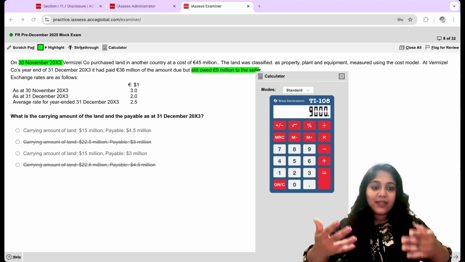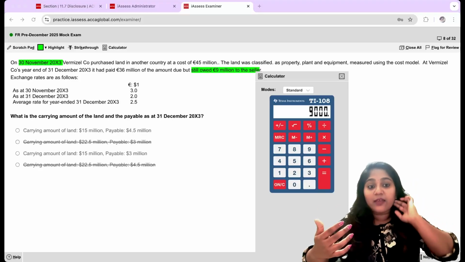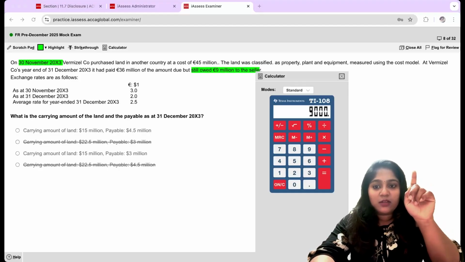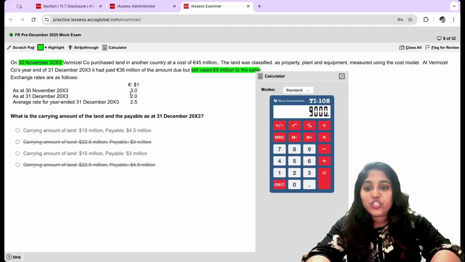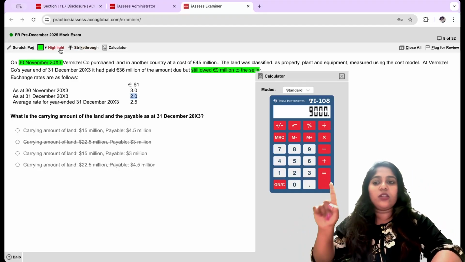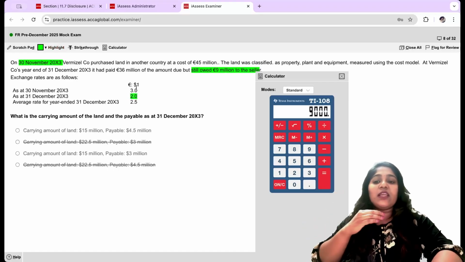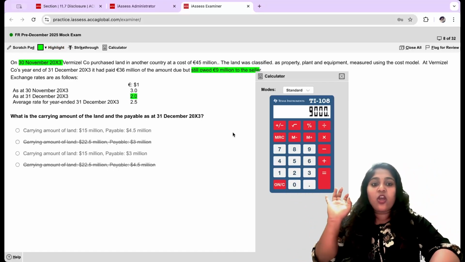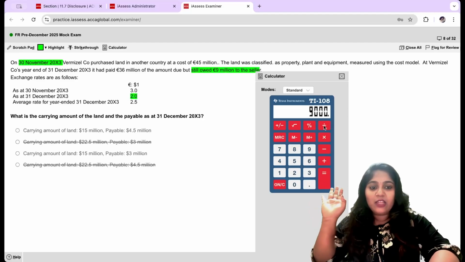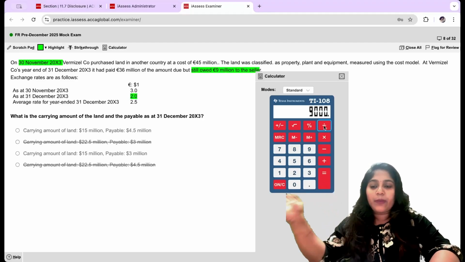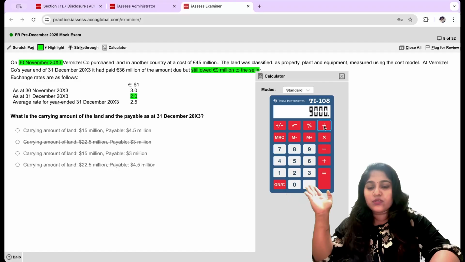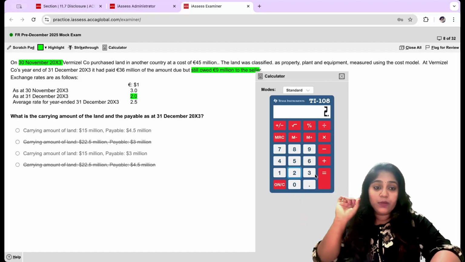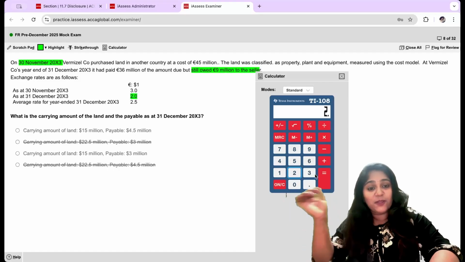On that date, I still owe 9 million euros to the seller, but on the year ending 31st December X3, the exchange rate is 2 euros per dollar. Please do not take the average rate. We never take the average rate in the exchange rate. It is always the spot exchange rate. On this date, the value of the payables would be 9 million euros divided by 2 euros per dollar.